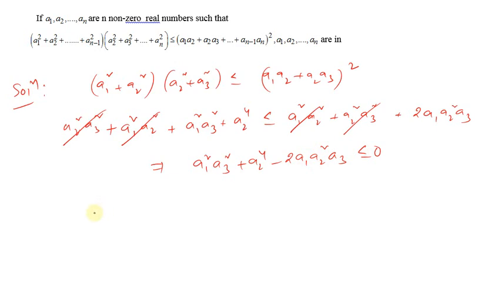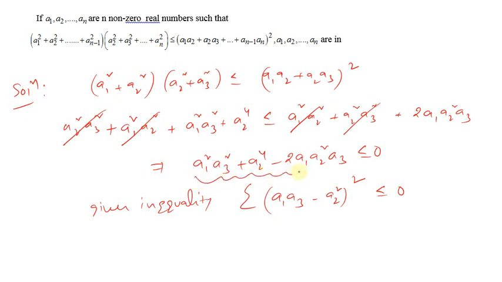So let me write the given inequality. Sigma of (a1 a3 minus a2 square) whole square is less than or equal to 0. Why? Because this is the expansion of (a1 a3 minus a2 square) whole square.